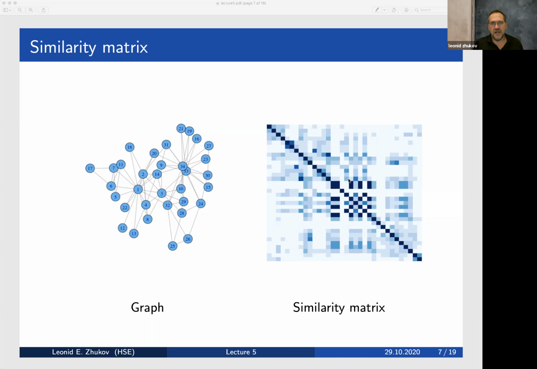What we can also calculate is a similarity matrix, where the color coding corresponds to similarity between nodes. The color coding is monotone, from white to blue, and the diagonal is obviously the darkest, because every node is similar to itself, which corresponds to the value 1.